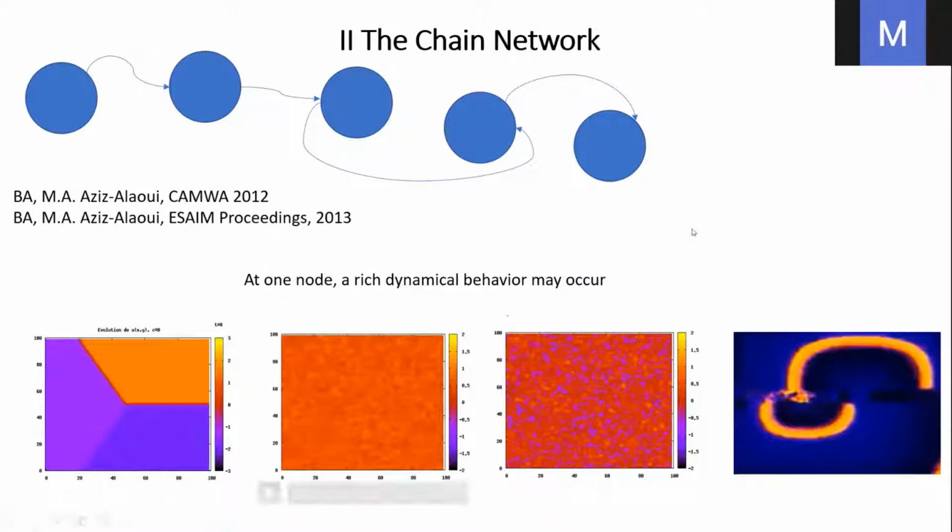All right. So just a flavor to emphasize that at each node, we have a PDE. So we can have solutions that do something very interesting. For example, at each node, you can have these spirals.